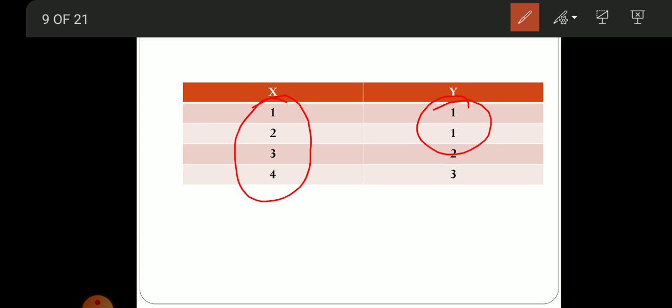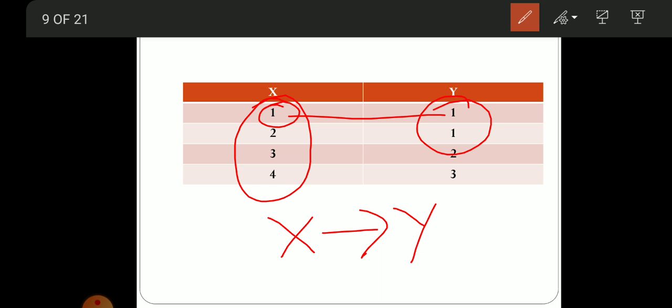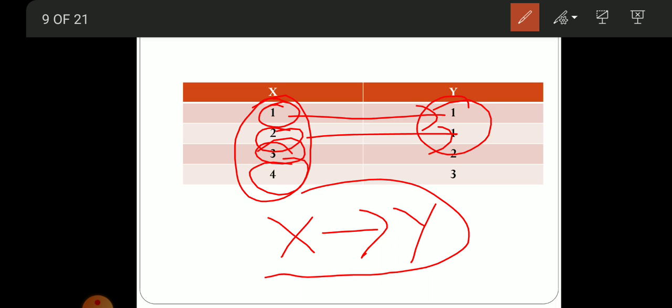There is not a problem, because the value of y can be the same when we are talking about the functional dependency x to y. Yes, this functional dependency exists, because for each value of x we get a value of y, and each value of x is unique. So definitely this functional dependency will exist. We can say y is dependent on x.